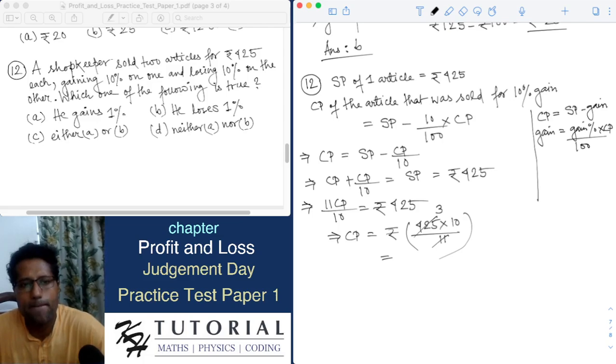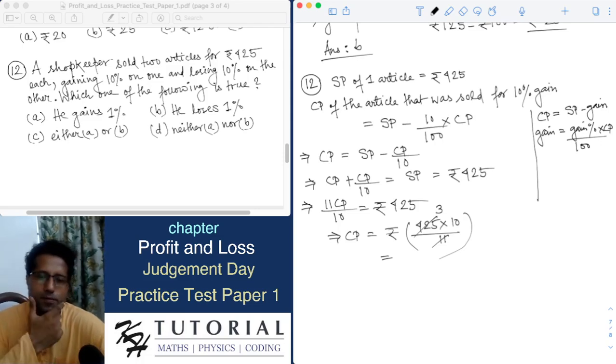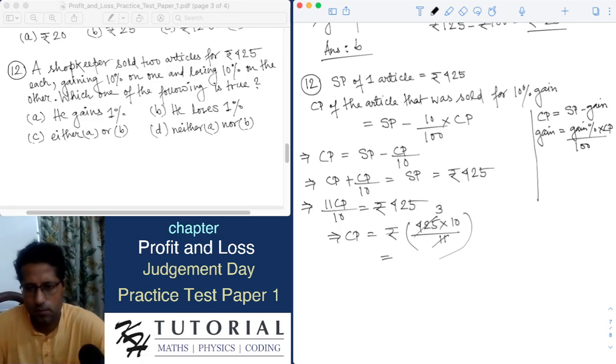Now, gain percent is given, selling price is given. Yes, it is fine, but it is not dividing properly. I mean, this is a very long, very complex value, 425 into 10 by 11.